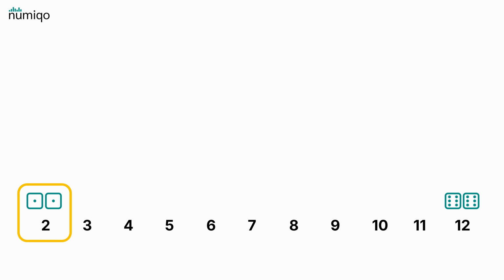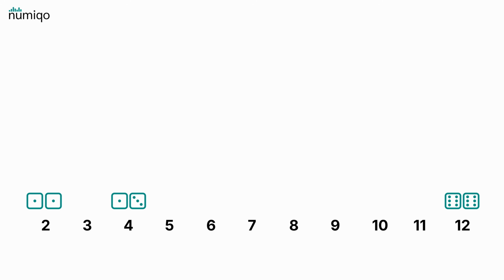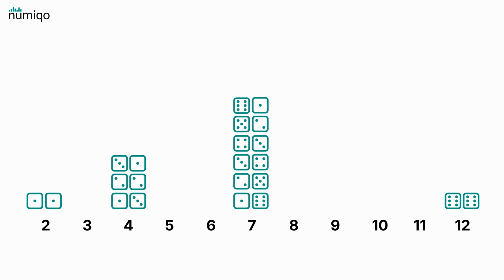So the only way to get 2 is with 1 plus 1. And the only way to get 12 is with 6 plus 6. But what about 4? We can get 4 with 1 plus 3, 2 plus 2, or 3 plus 1. And the king of all sums is 7. 7 has the most combinations, 6 ways.